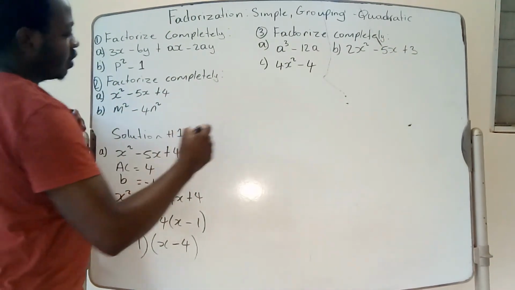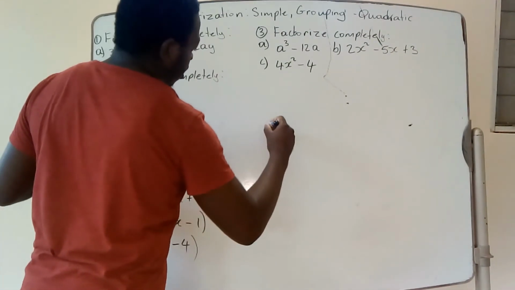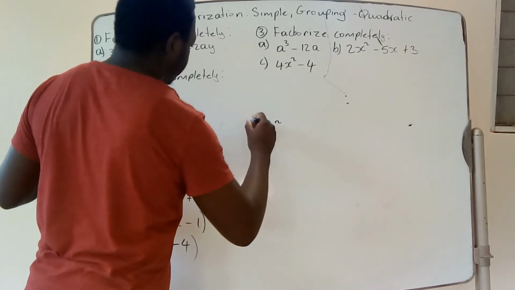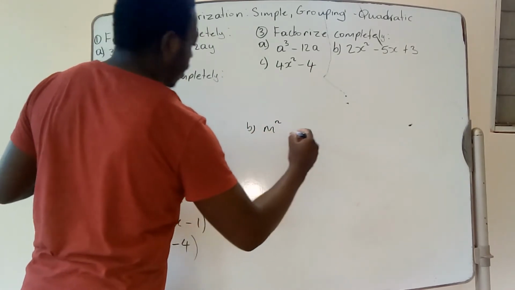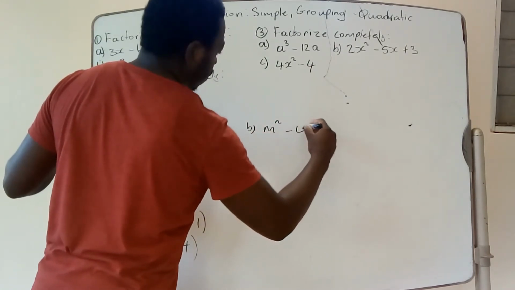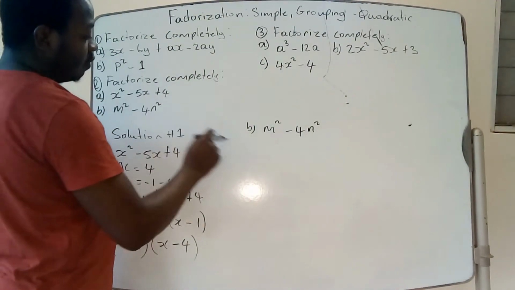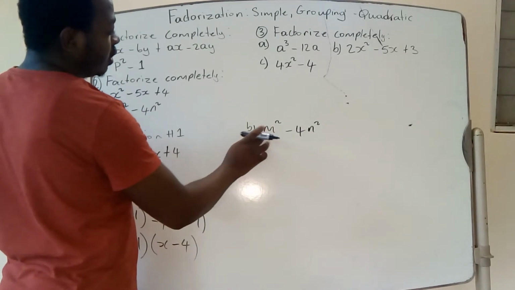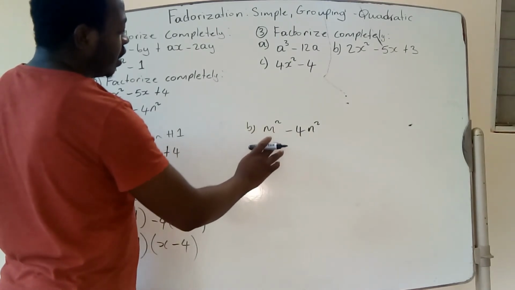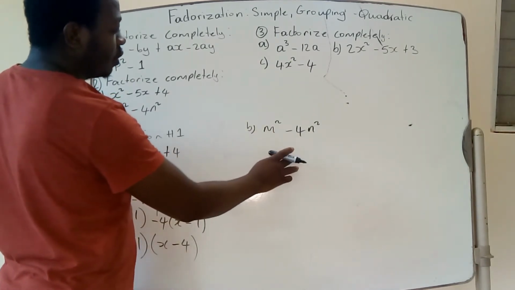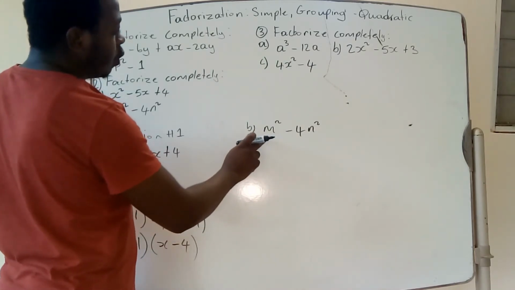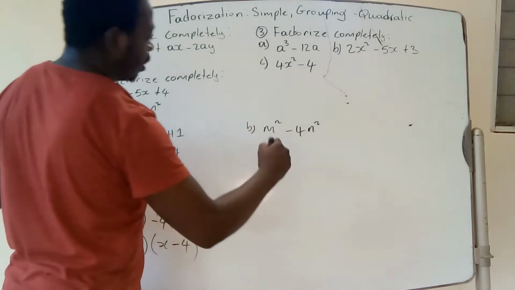Now to part B. Part B, they ask us to factorize m squared minus 4n squared, right? Again, if you take note, this expression is a difference of 2 squares. So what did they square to give us m squared?